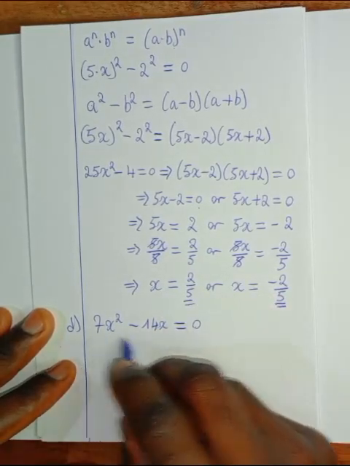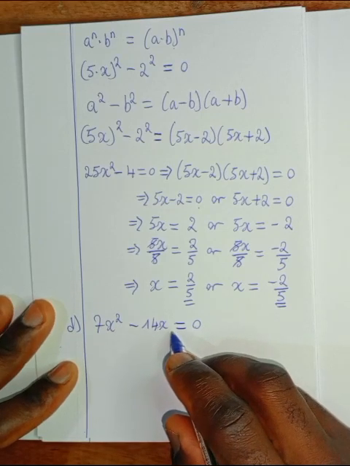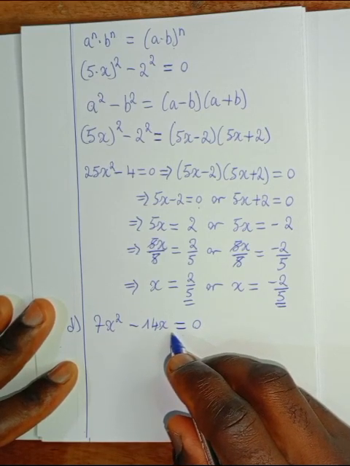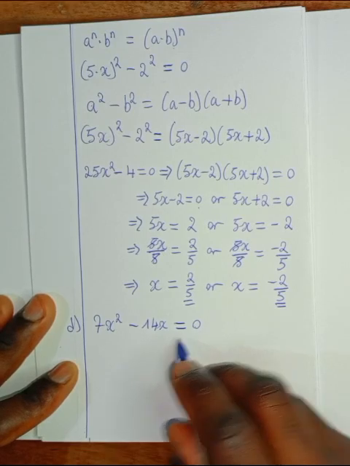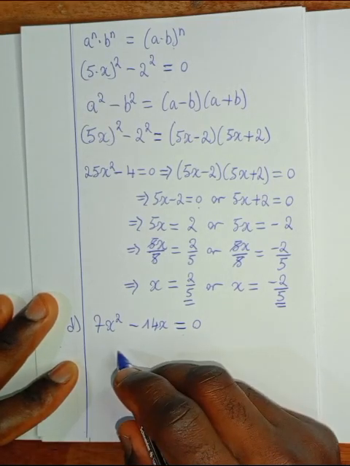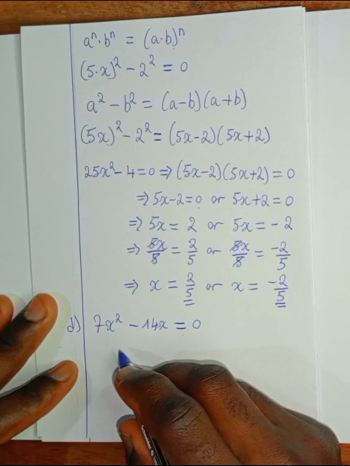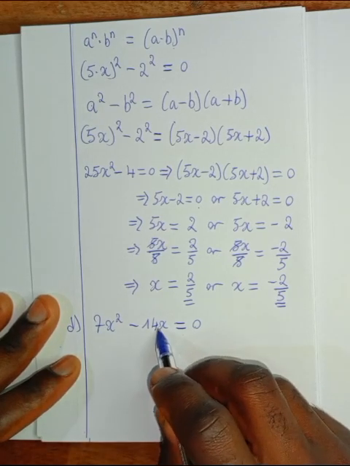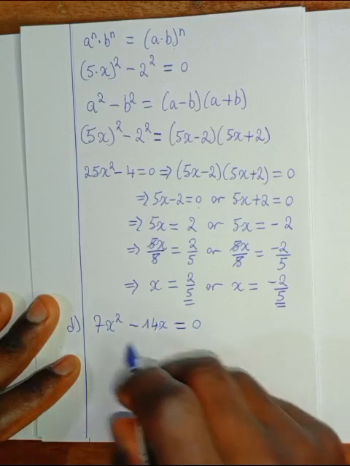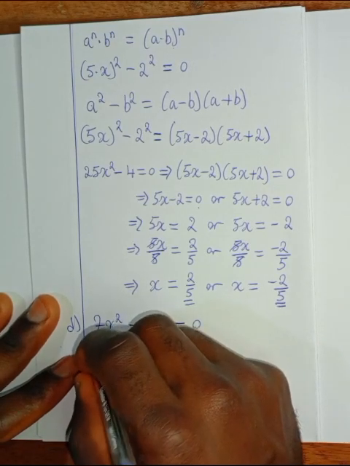You will notice that in this case, we have no constant term. There is no c. That means the constant term is equal to 0. Here we can easily perform the factorization. The HCF of 7 and 14 is simply 7. I'll write out 7.